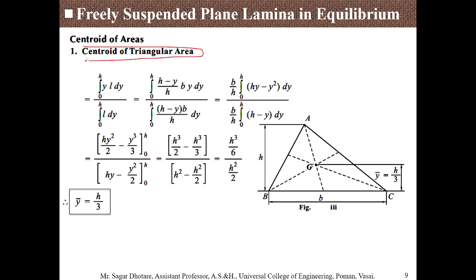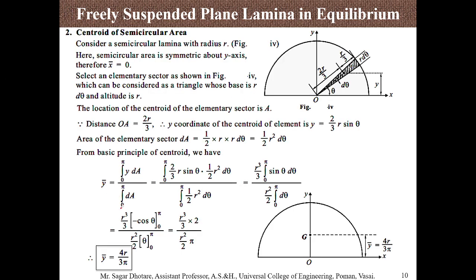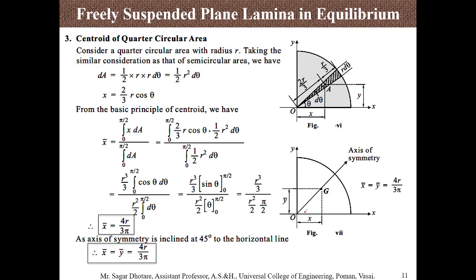For the centroid of a rectangular area, y bar is equal to h by 2, and x bar is b by 2, as the profiles are symmetric. For the semicircle, the value of y bar is equal to 4r by 3 pi, and as this area and this area are symmetric along the y-axis, the x coordinate will be 0.